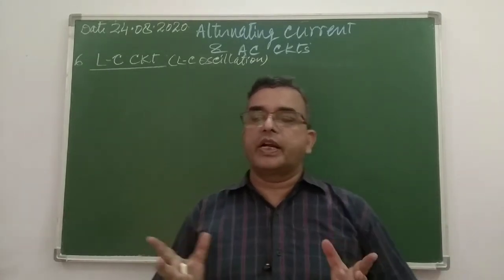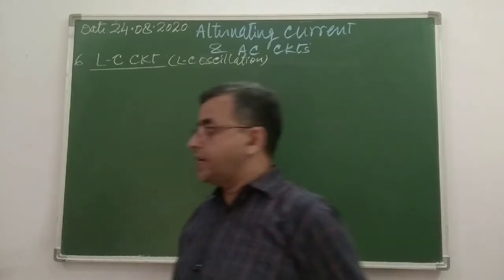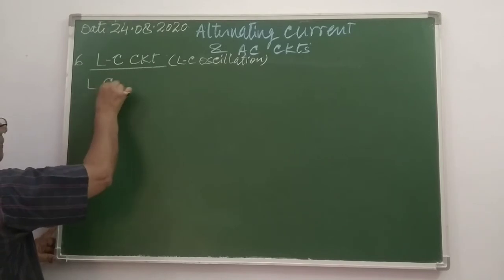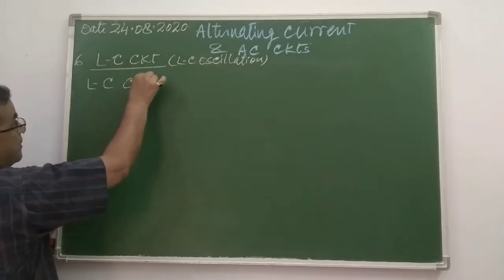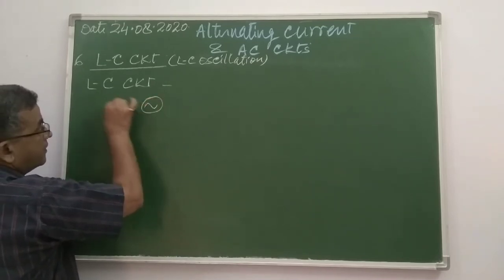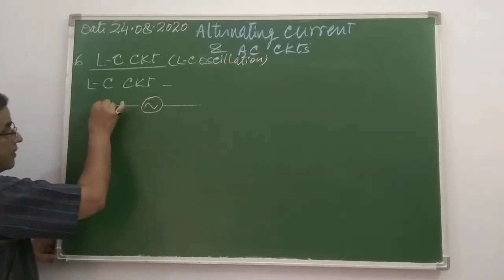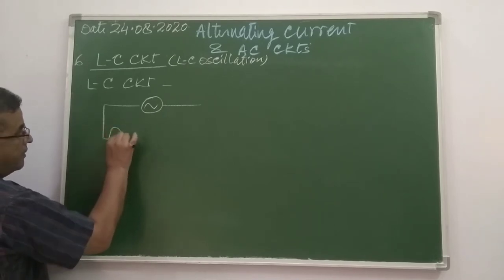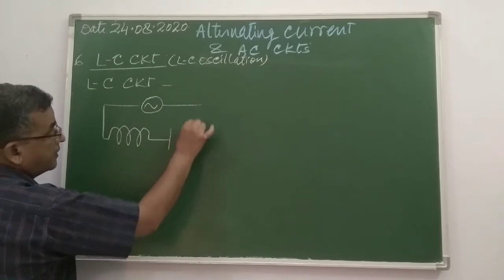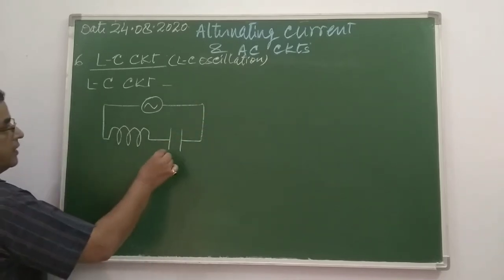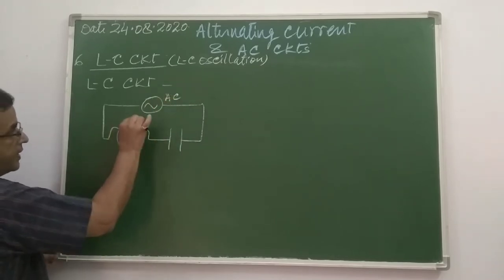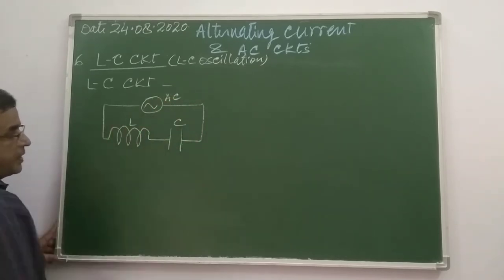So this is called LC circuit as shown. This is AC supply, this is inductance, and this is capacitance.